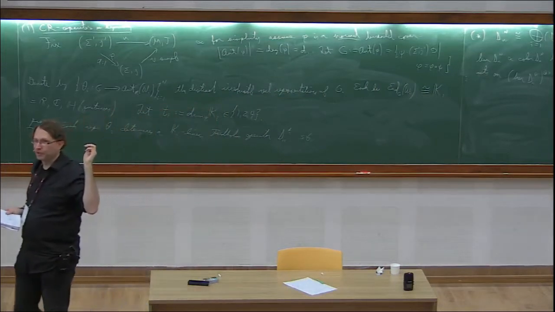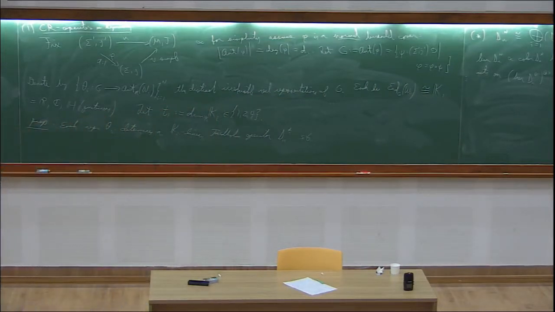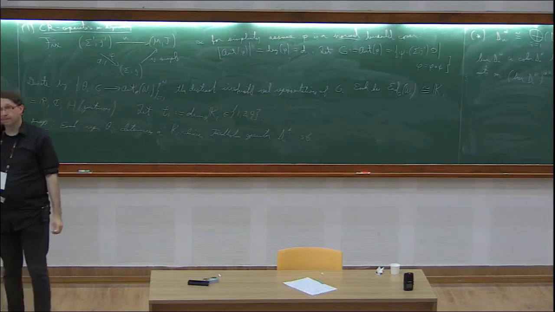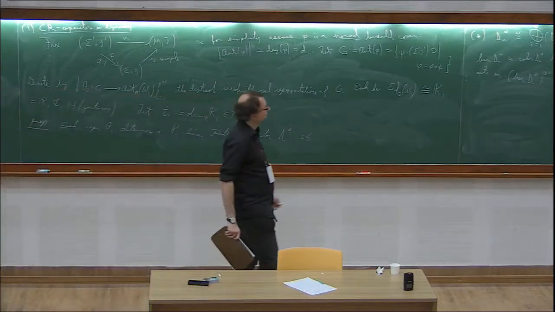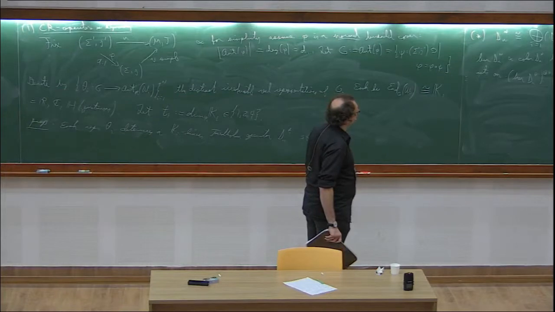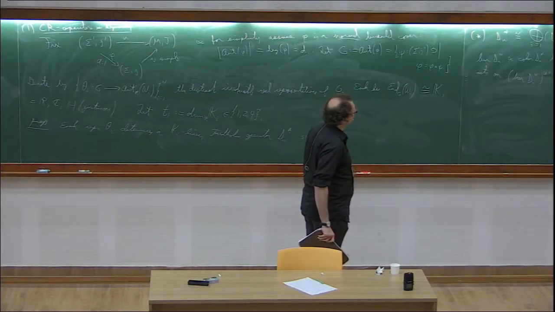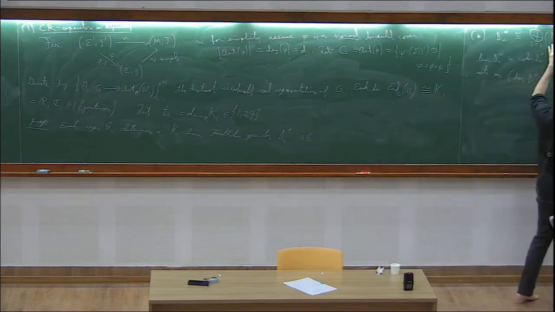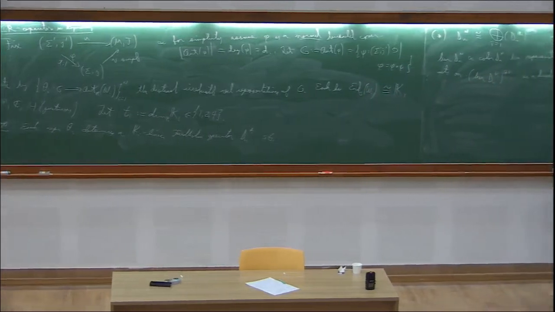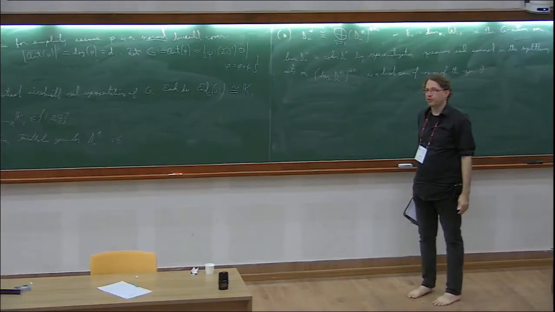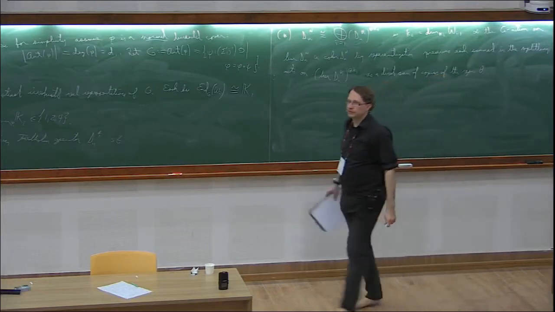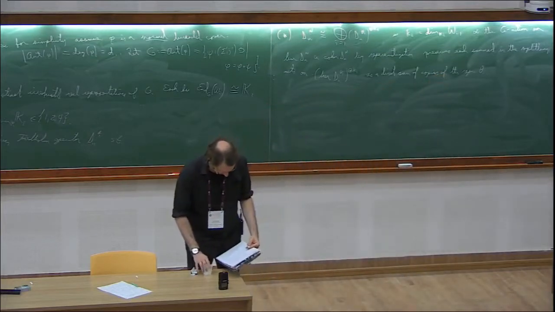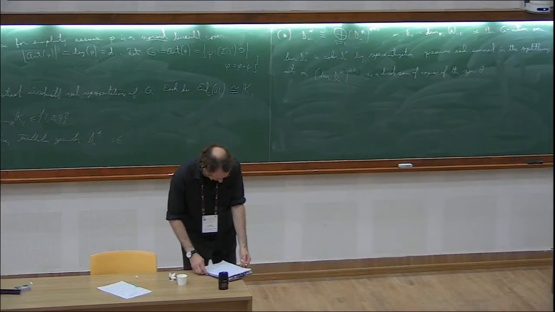I mean, we're talking about finite groups here. This is a finite direct sum of a bunch of bounded linear operators on Banach spaces, all of which are Fredholm. Okay.